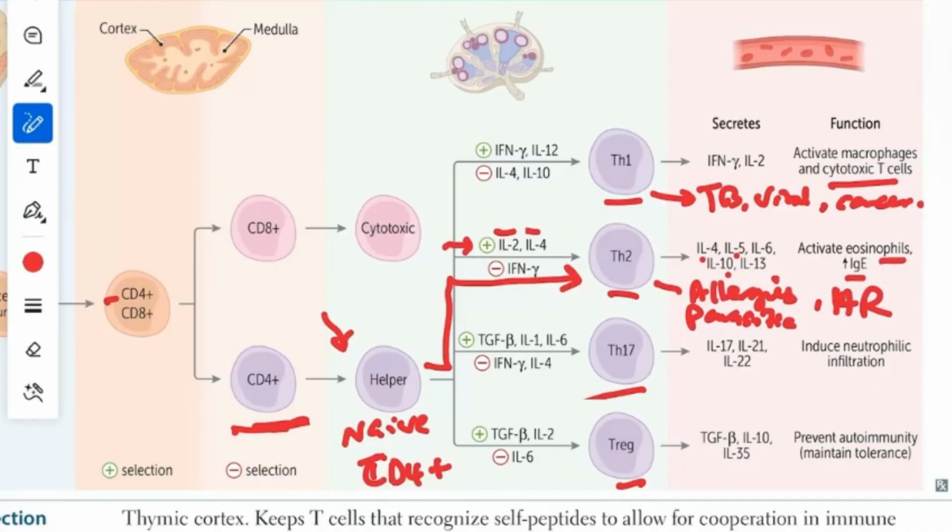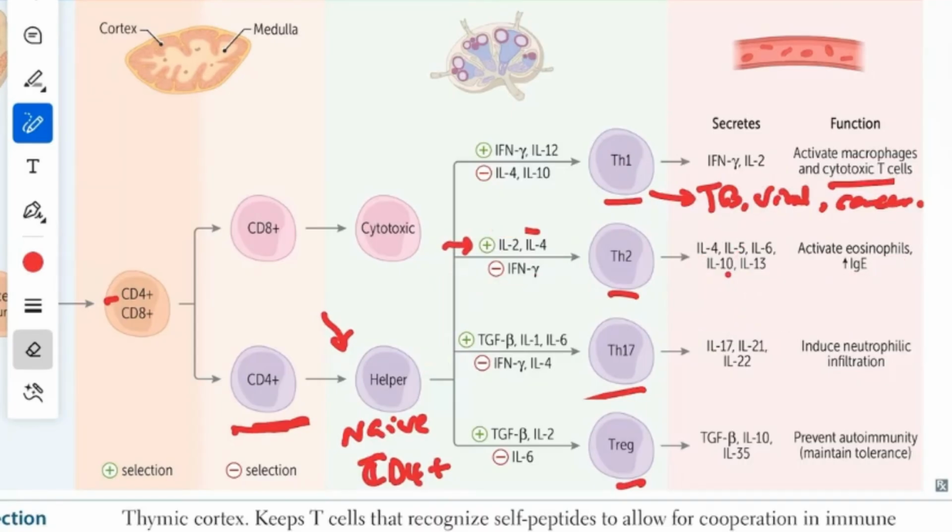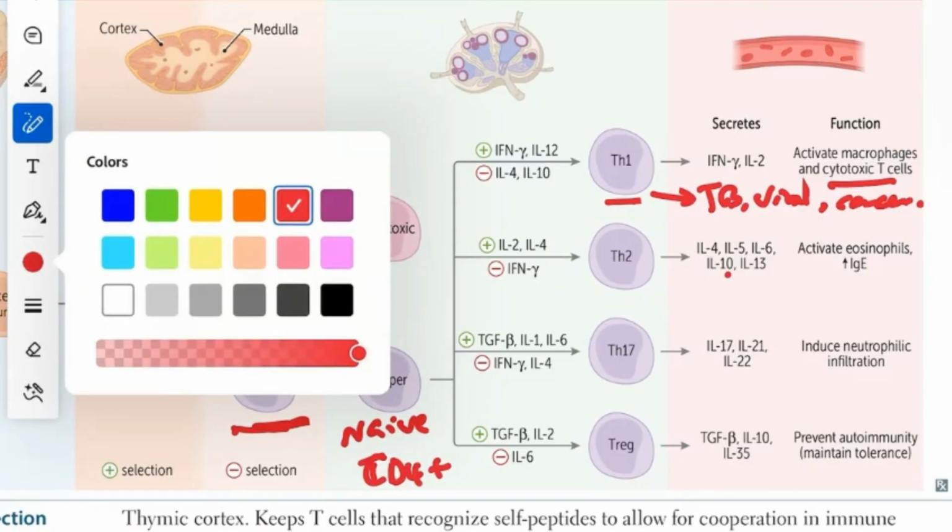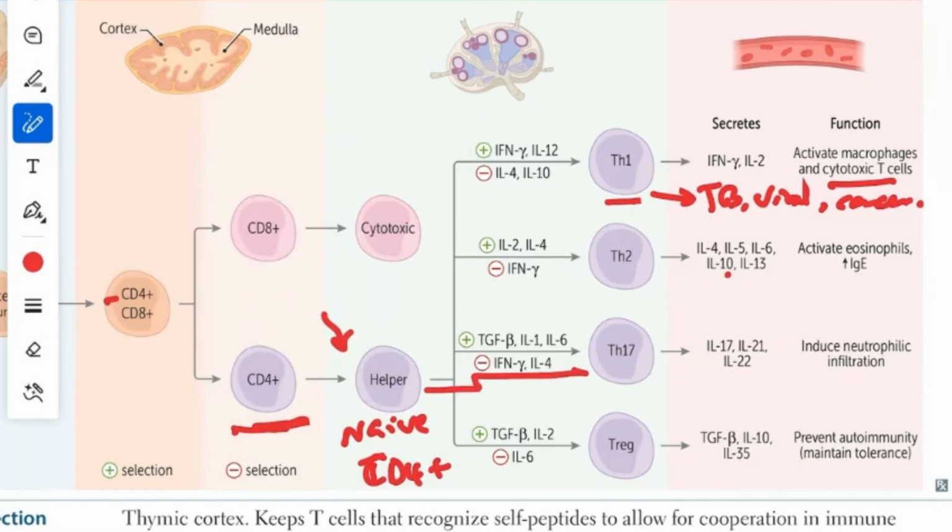All right, moving on to the third type of CD4 cell that can be produced, the Th17 CD4 T cell.